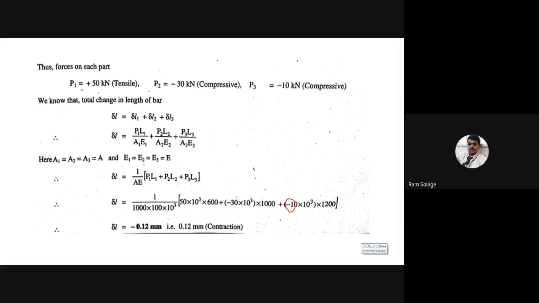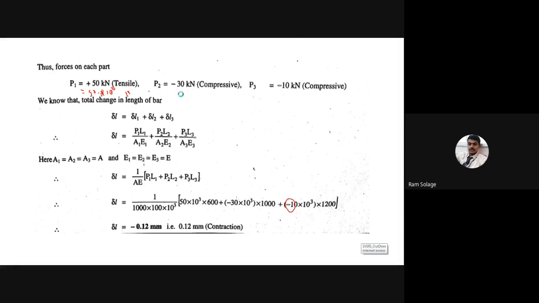Convert it: 50 into 10 raised to 3 newton. Similarly, P2 is equal to minus 30 kilonewton.